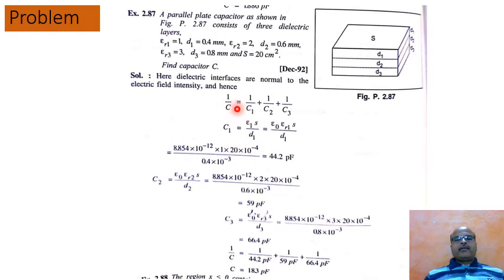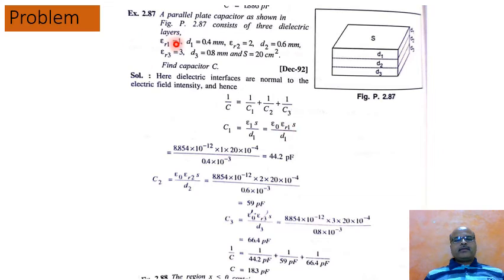So first find the value of C1. C1 is a parallel plate capacitor. We can write epsilon 1 S upon D1, or we can write it as epsilon 0 epsilon R1 S upon D1. What is the epsilon 0 value? In the previous lecture we mentioned 8.854 into 10 raised to minus 12.